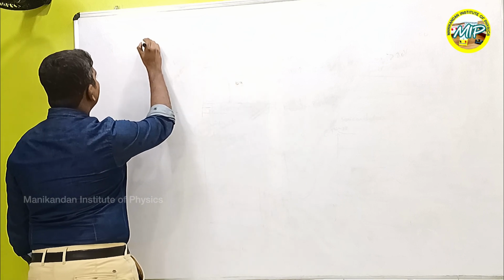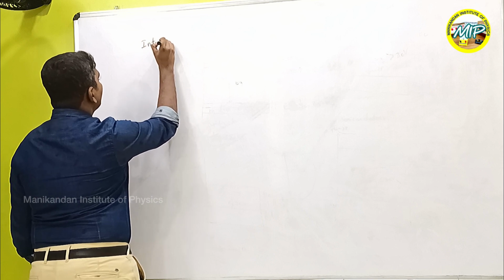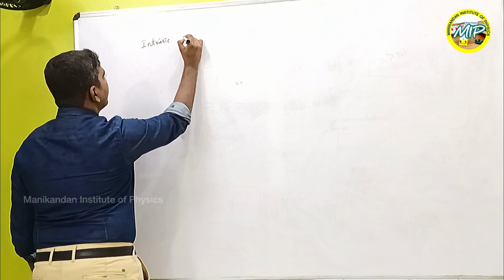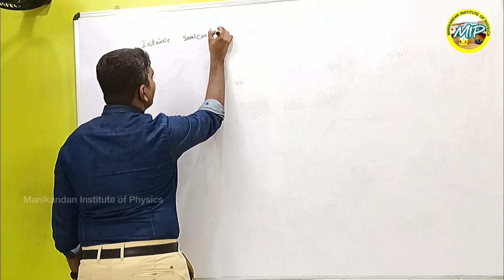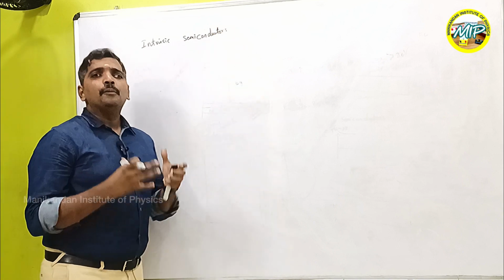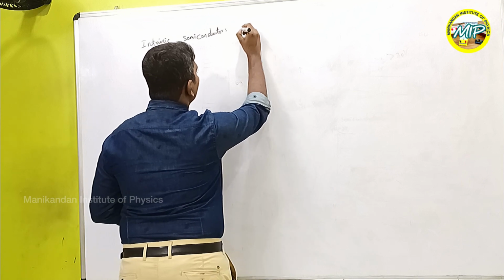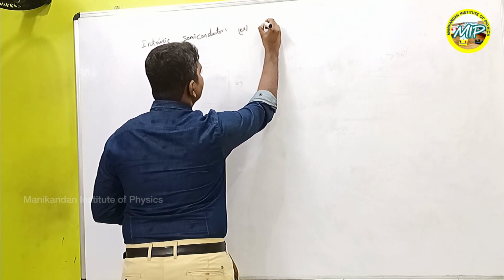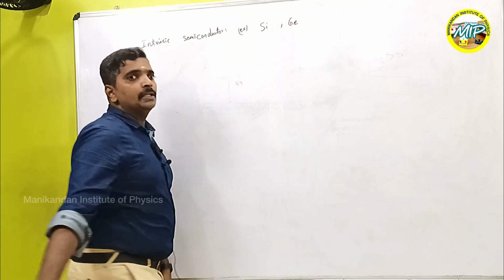First I'm going to start with intrinsic semiconductors. It's nothing but pure semiconductors. Let me start with our example: we have silicon and germanium.